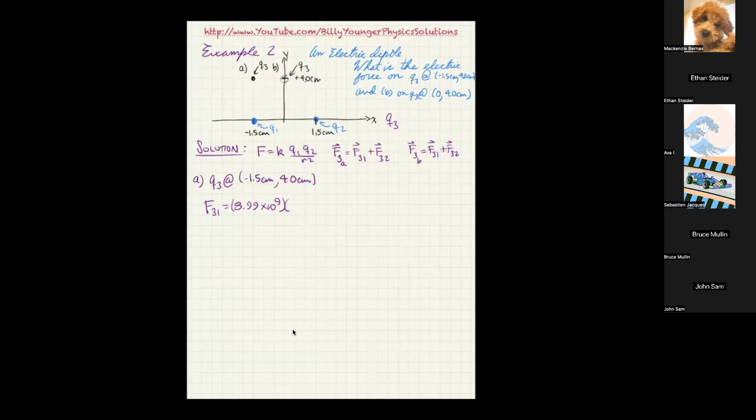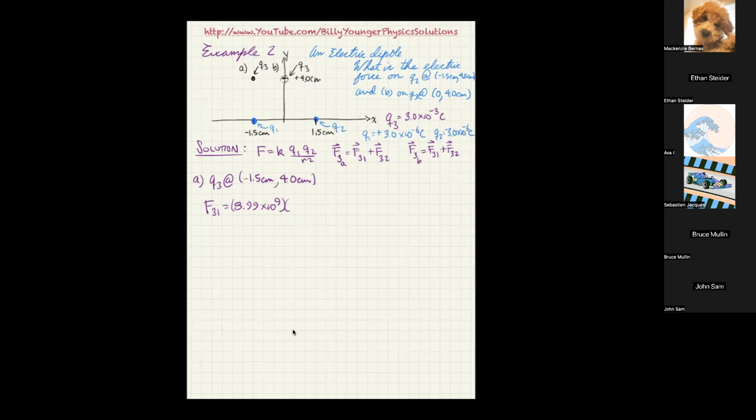Q3 is going to be equal to, let's say, 3.0 times 10 to the negative 3 coulombs. Q1 is going to be my positive charge, and I want to say that's positive 3.0 times 10 to the negative 6 coulombs, and Q2 is equal to negative 3.0 times 10 to the negative 6 coulombs.